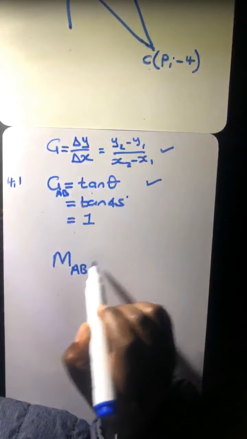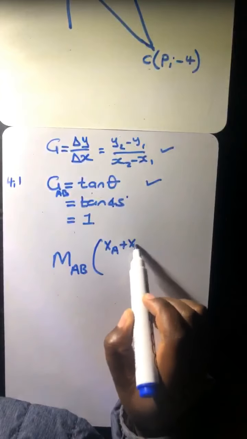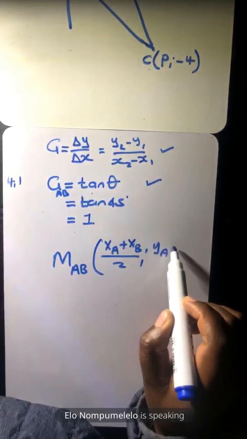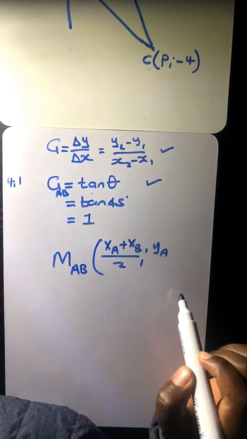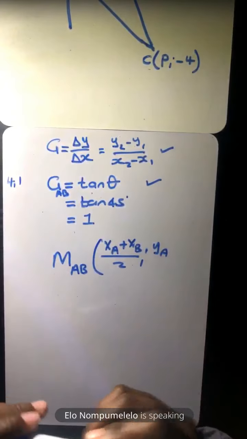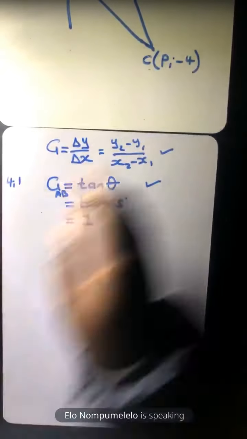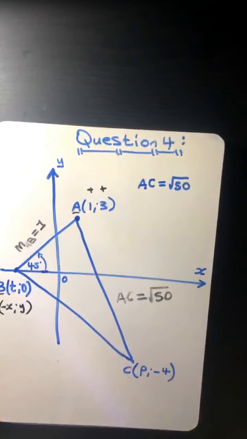Sorry, I meant the gradient, not the midpoint. I meant saying gradient, yes, gradient of B and C. Oh yes, now I get it. So you're not referring to the midpoint, but the gradient. So here's an answer to that question.